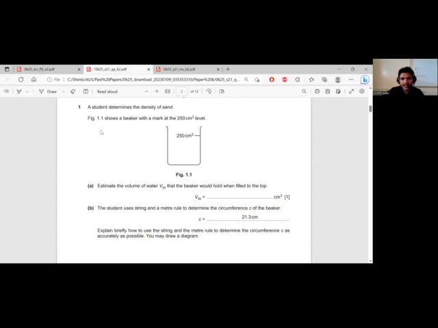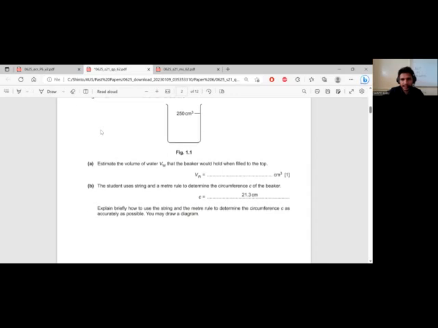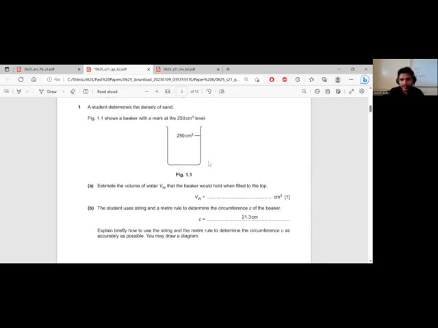Now let us analyze summer 21 question paper 62, which is a very recent one. So the pattern will be almost the same. In the first question, you have to make an estimate of the volume based on the reference value that is given, 250 centimeter cube.